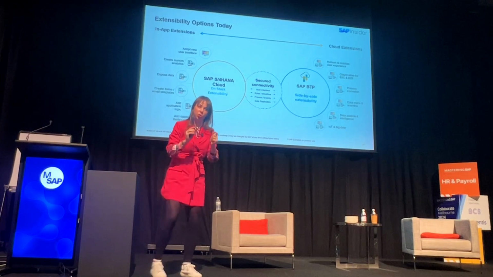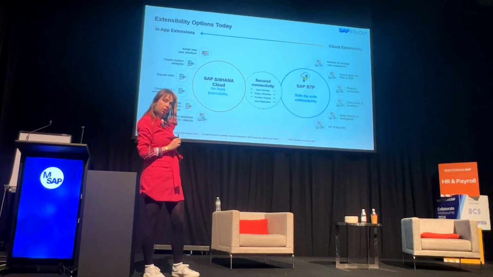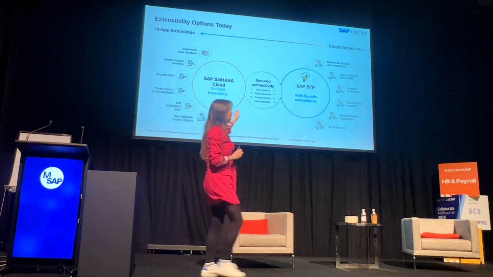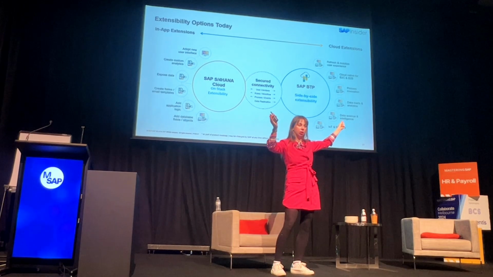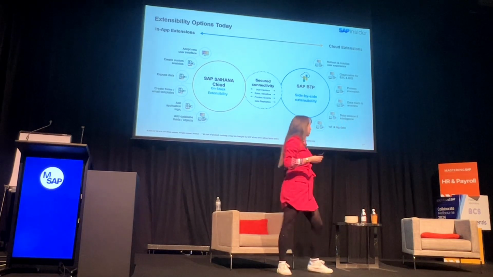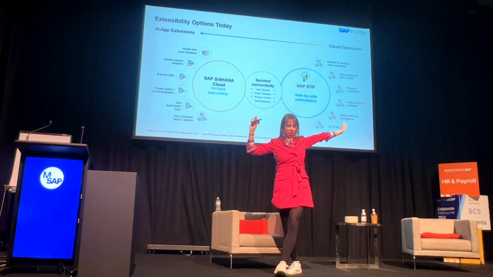And what I would still advise you is, if it only needs to interact with S4, do it here. If it needs to interact with a lot of different other solutions, for example, if you want to also integrate to SuccessFactors or to Ariba or any kind of other third parties, do this on this side, okay? So tightly coupled, loosely coupled.